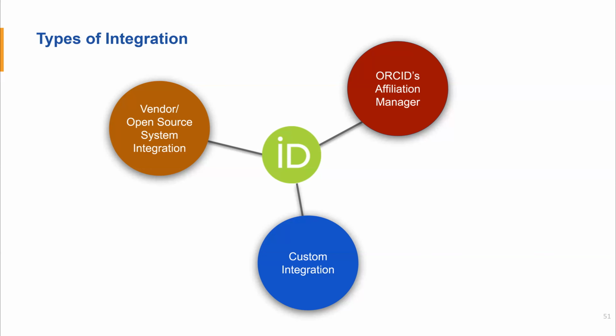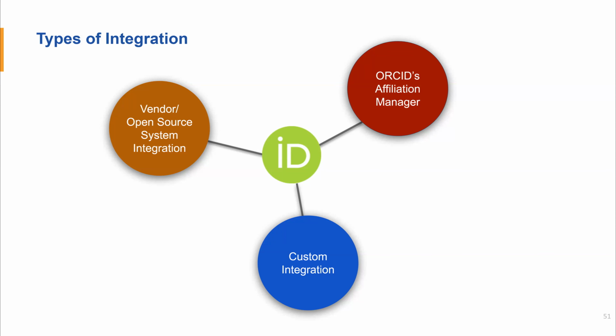So now that we get the idea of what an integration looks like and how it works, there are different kinds of integrations, different ways that you can integrate with ORCID. One is looking at a vendor system, or an open source system.